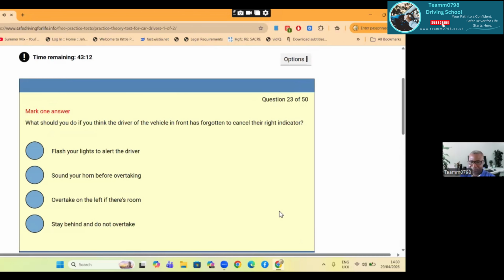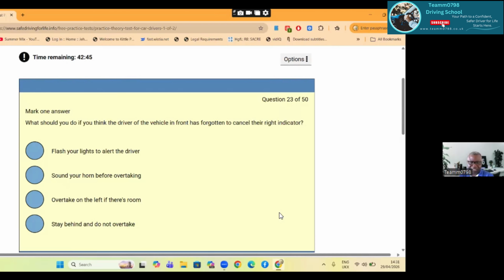Mark 1 answer. What should you do if you think the driver of the vehicle in front has forgotten to cancel their right indicator? Okay, so if you think they have forgotten to cancel their indicator, remember, we're not there to police the road. We don't know what they intend to do. So the first thing is flashing your light at other road users may confuse them. They may not know what it is that you're telling them, and that may create an accident or take their eye off the road.